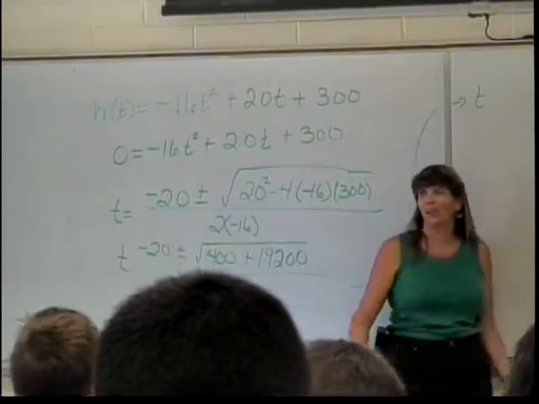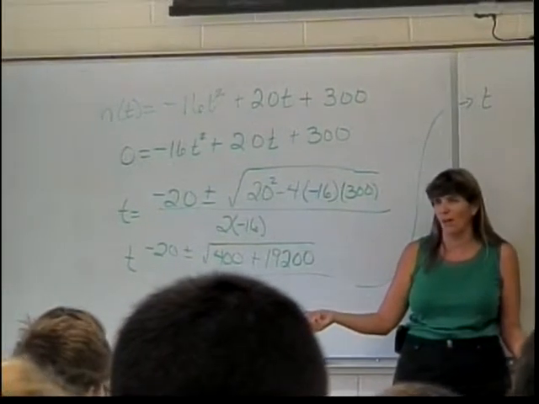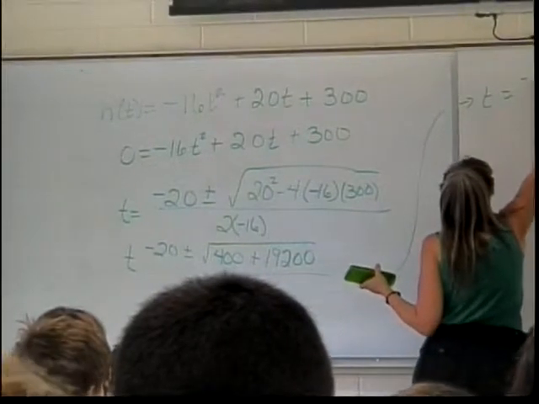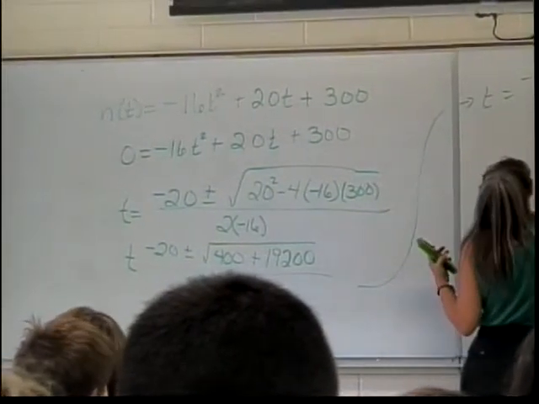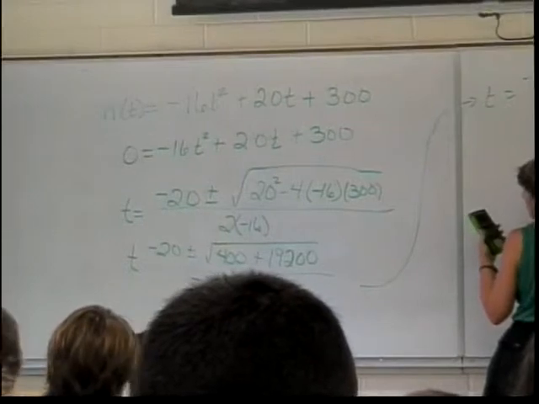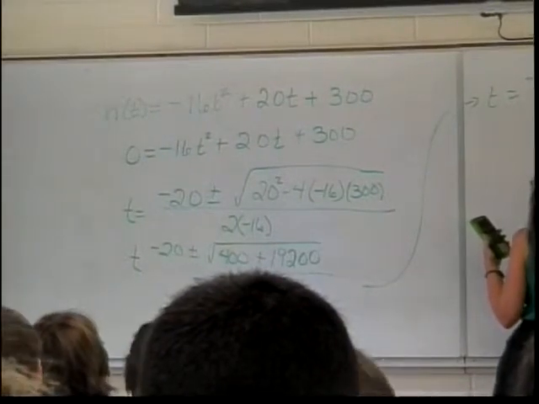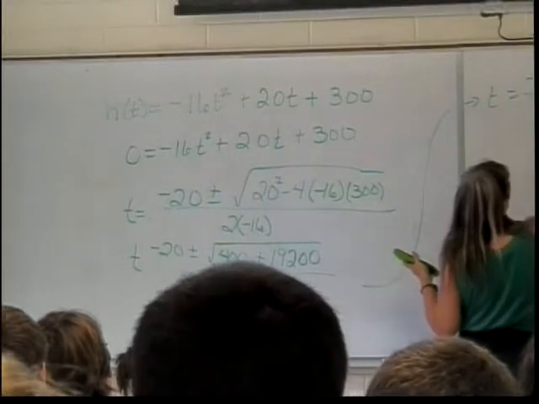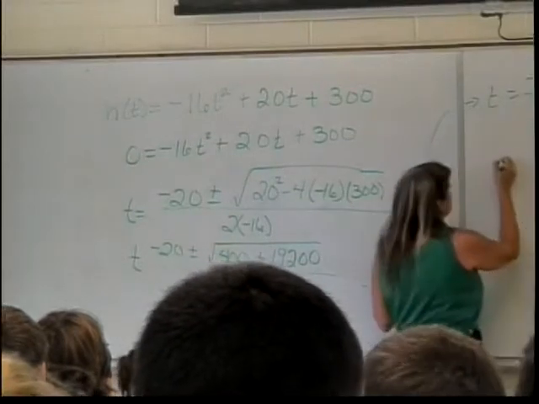Don't you get happy when it's nice and easy numbers to deal with? So, t equals negative 20 plus or minus the square root of 19,600, which turns out to be 140, divided by negative 32. So I'm going to get 2 t's.